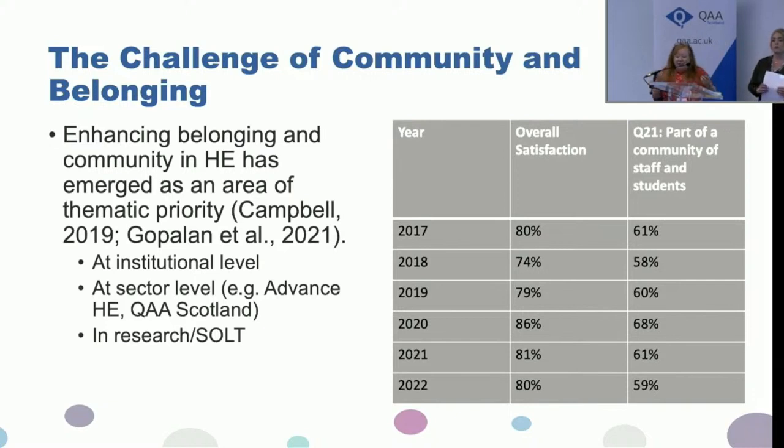As you can see, other key areas have also been looking at this at an institutional level and a sector level. Advance HE comes to mind, but also QAA Scotland, and I know Susie Peacock had done a belonging toolkit as well. So this is a piece of research that we thought was quite timely, to see what we've already done around belonging.